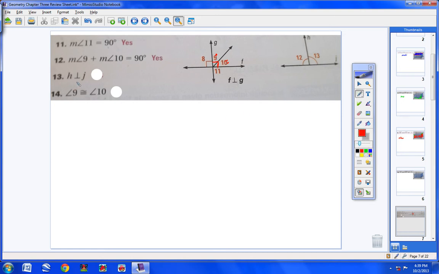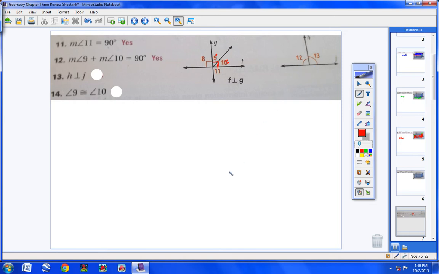H is perpendicular to J. Now, be very careful. My first thought when I saw that was, no, how do you know that? But hold it. We have learned that whenever you have a straight line like this, it's going to equal 180.